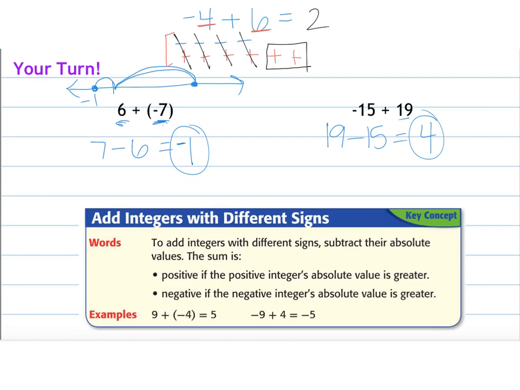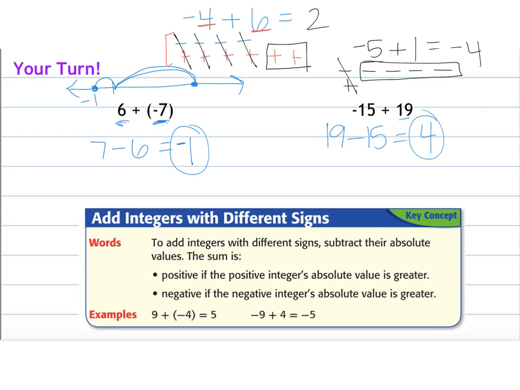If I do one more, how about negative 5 plus 1? I can do 5 negatives, so 1, 2, 3, 4, 5, and 1 positive. That cancels out, so I'm left with 4 negatives.